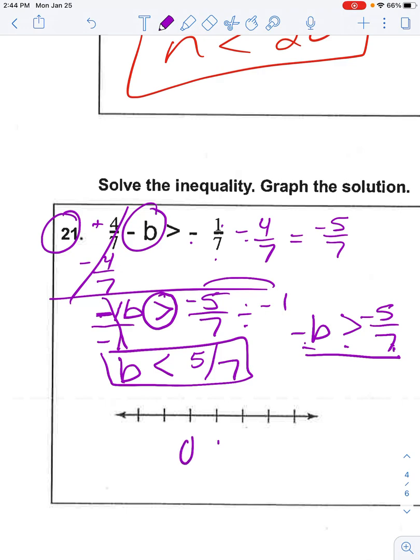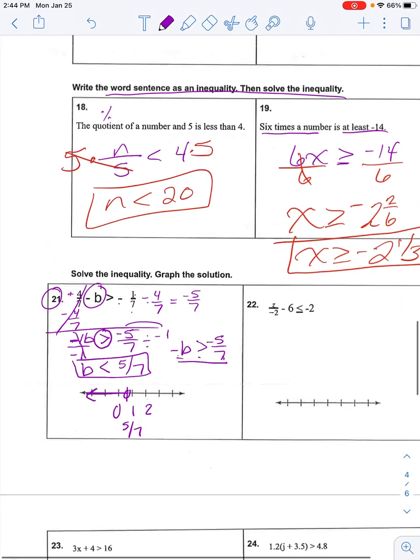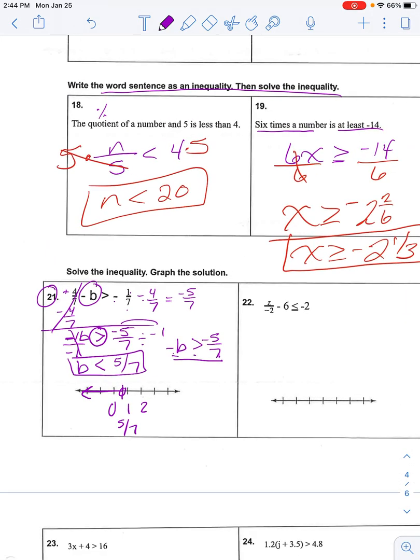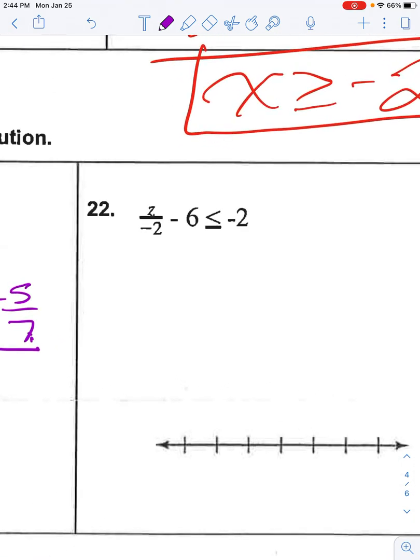So I'm going to put 0, 1, 2, and 5/7 would be between the 0 and the 1. It's going to be open, pointing to the left. You cannot have a negative variable, so you're going to have to divide by a -1 and flip the inequality. You may want to rewind and listen to that again.